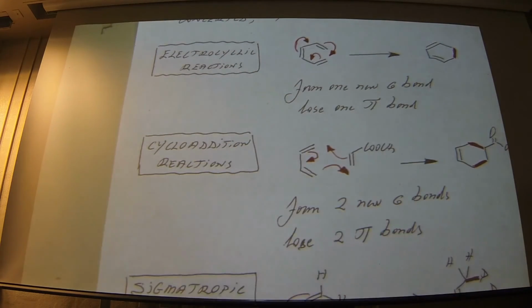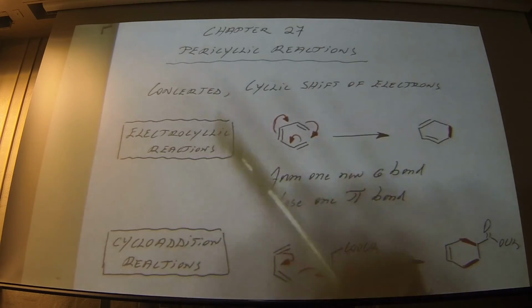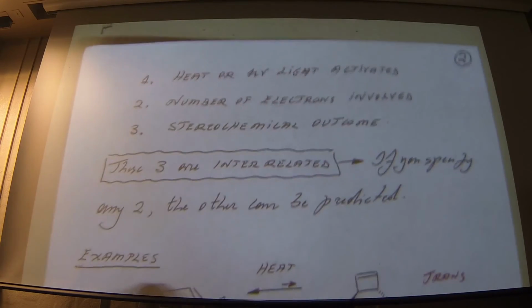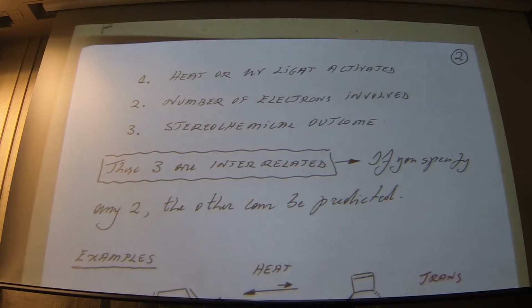So all these reactions, electrocyclic, cycloaddition, sigmatropic, are pericyclic reactions, and they all can be understood in terms of orbital symmetry. These are reactions that are either heat activated or light activated, which means that you can make them go from starting material to the product either by shining light on them or by heating them up.